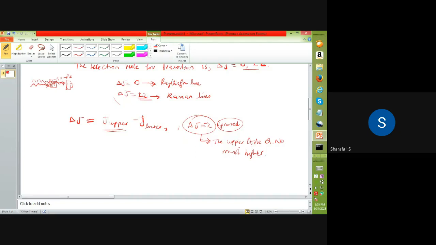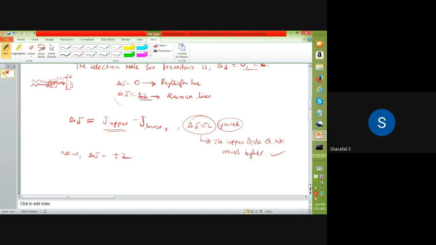So if the upper state quantum number must be higher, then upper minus lower will always be positive. So now we have to consider delta J equal to plus 2.